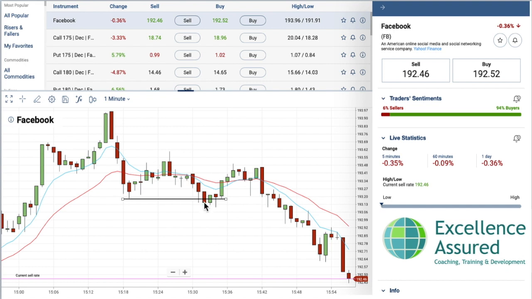I'm not going short here because this is a prime spot for the buyers to come in and just force the market up. I wait for the market to go up to this level here, and then I'm waiting for candlestick patterns. So I'm waiting for the market to go up and then produce weakness.